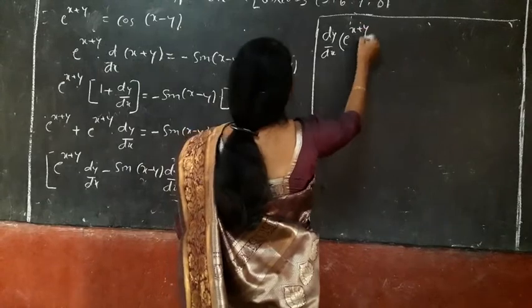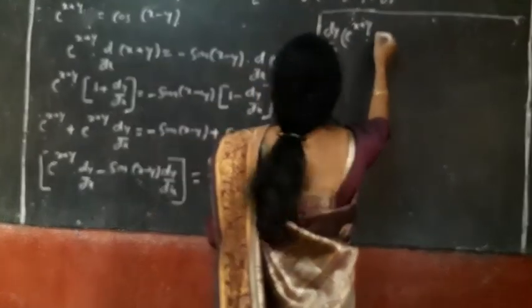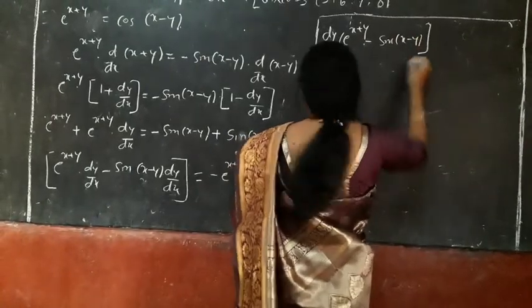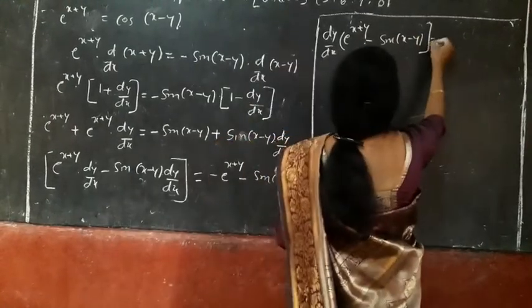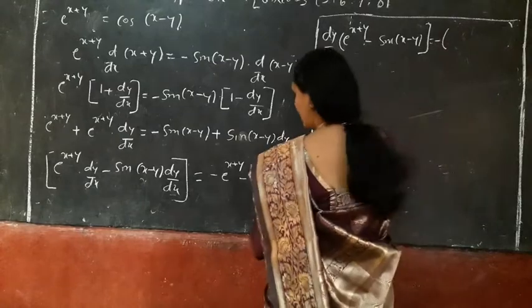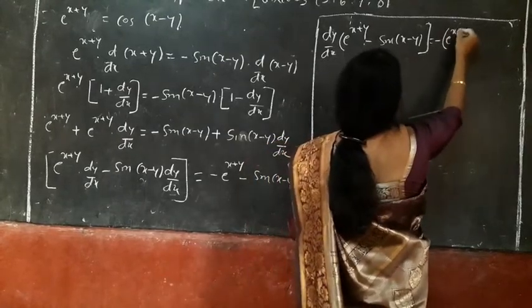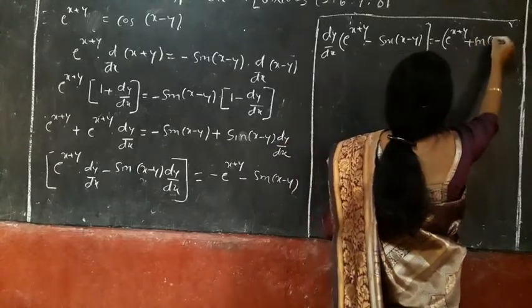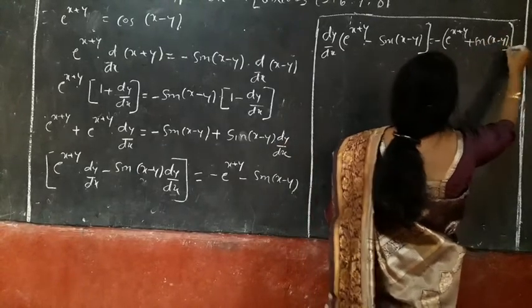Now taking dy upon dx as a common, we can write dy upon dx into the bracket e raised to x plus y minus sin of x minus y. This is equal to, taking minus here as a common, we can write e raised to x plus y plus sin of x minus y.